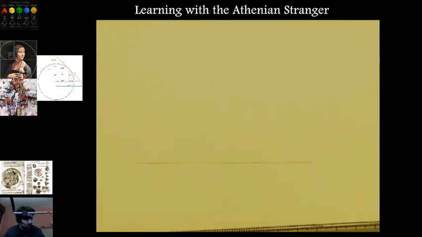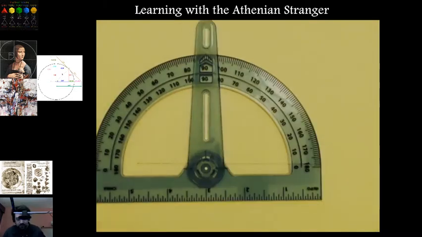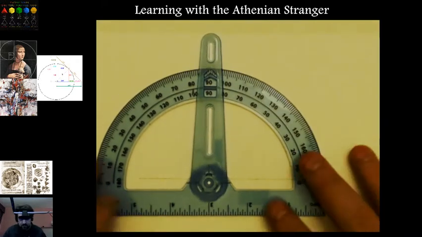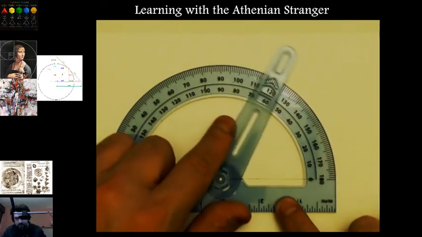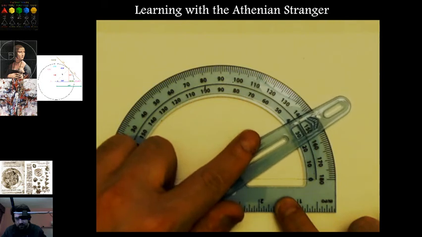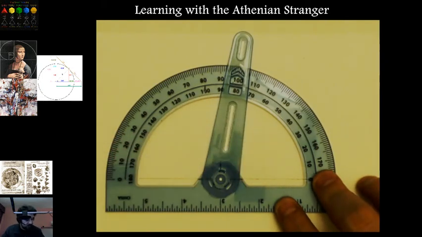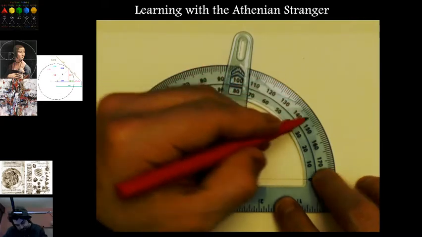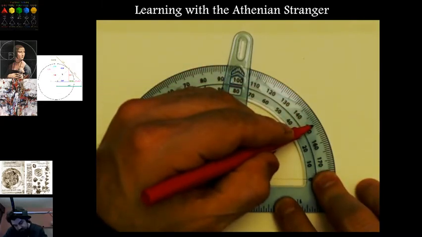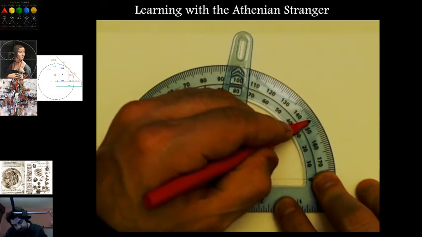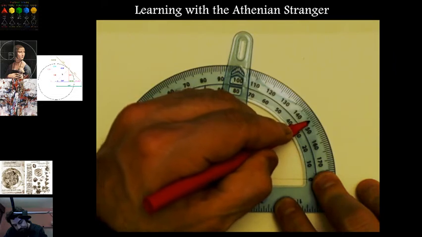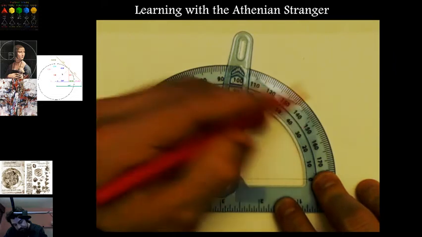And then I'm going to use my cheater tool rather than the sacred geometry for now, because I'm trying to maximize the efficiency of your time. And I'm going to swing this little cheater arm down here to 33 degrees. So first I better find 33 degrees on this thing. So that's 30, 31, 32, 33. There we go.